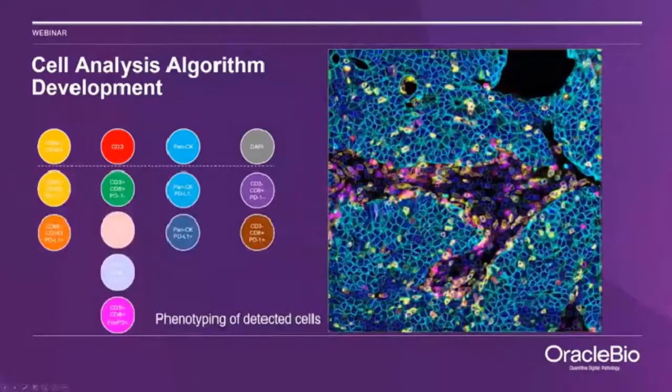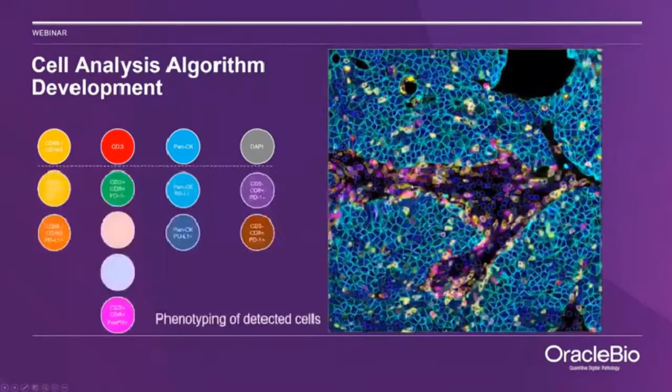So for example, if a macrophage has got PD-L1 present in its cell object above a certain threshold that we have chosen and defined, then that cell will change from orange to yellow, so that we end up with two populations, the macrophage PD-L1 negative cells and the macrophage PD-L1 positive cells.